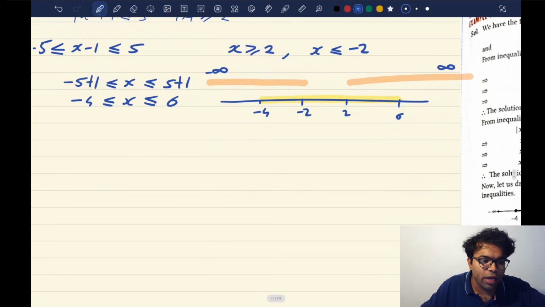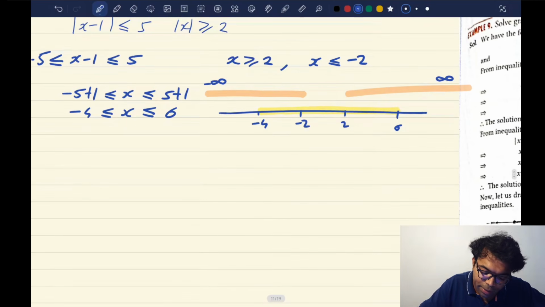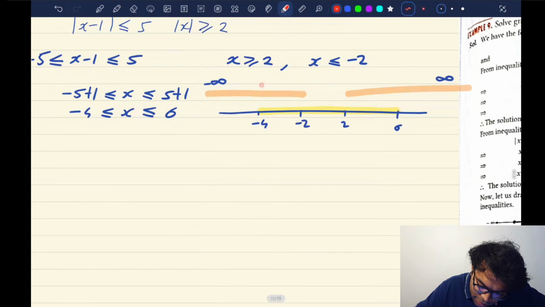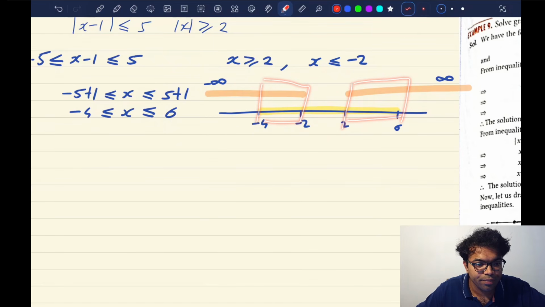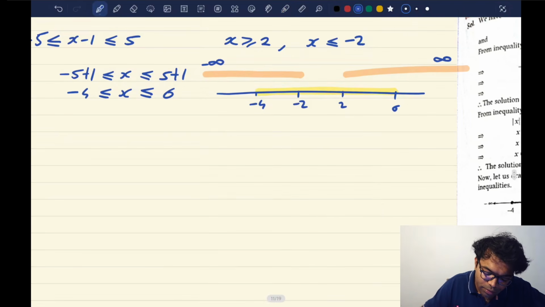So what are the two areas where you can actually see a highlight happening? Okay, Drupad, look at this. Can you see that this area is being overlapped and this area is being overlapped, right? Only in these two areas you get to see an overlap. So what do you write?